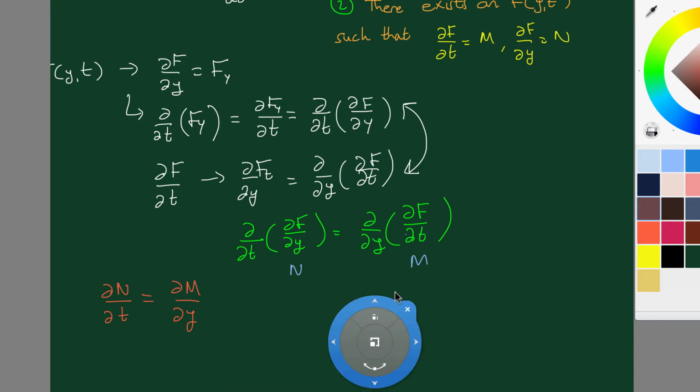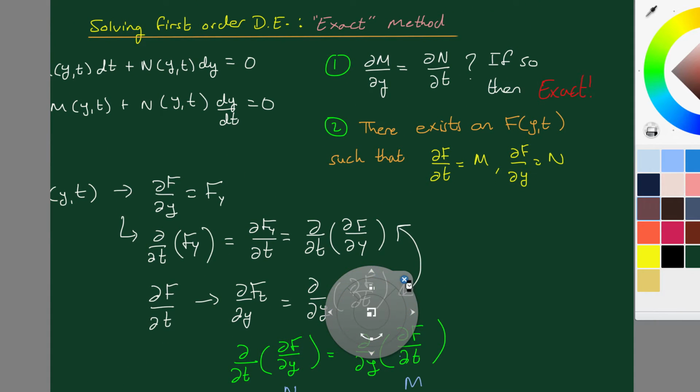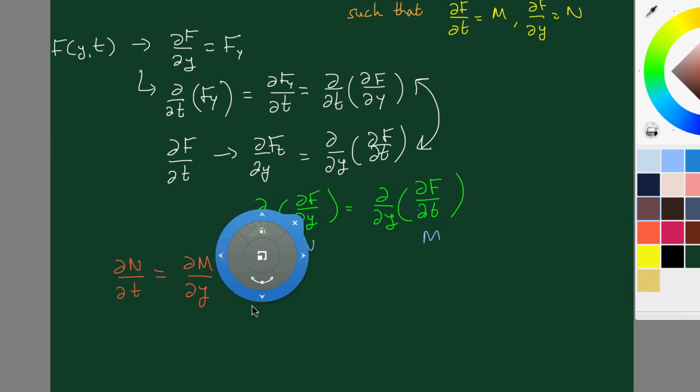So this is why it makes sense that there has to exist a function f of y comma t such that this and this are true. If the differential equation is exact, then there exists a function f of y comma t such that this and this are true. Okay?